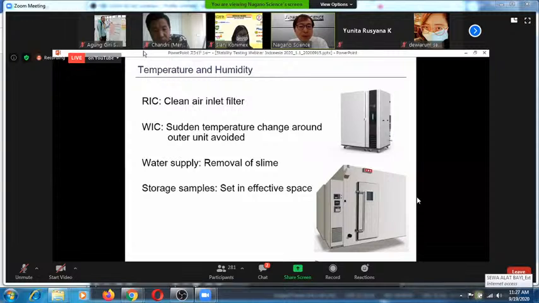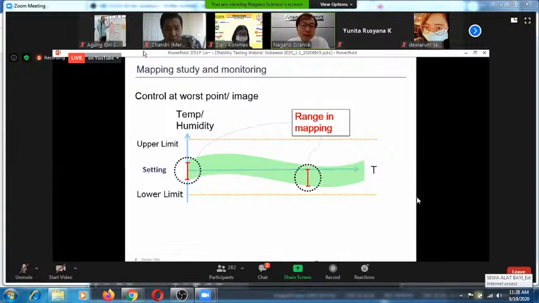And for the storage, each chamber has an effective space. So we should know that the sample should be kept in the effective space, not outside the effective space. And also the chamber has some range of temperature and humidity, from the top right to the left bottom.